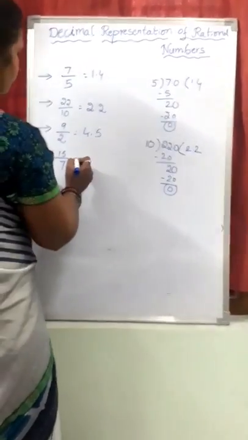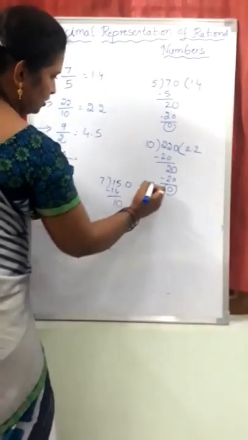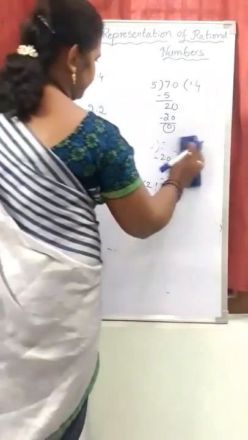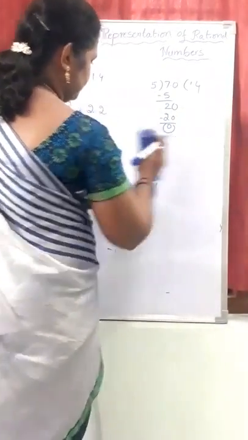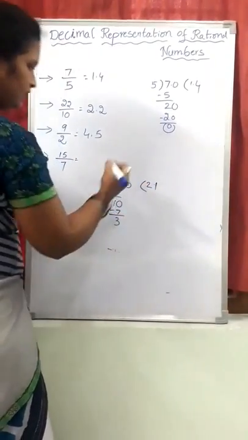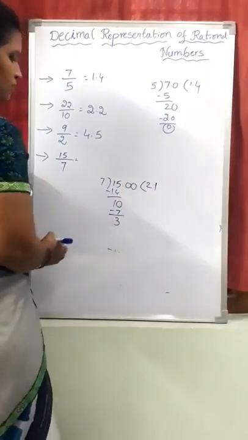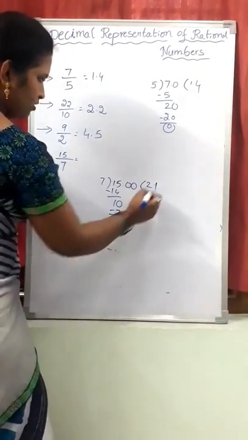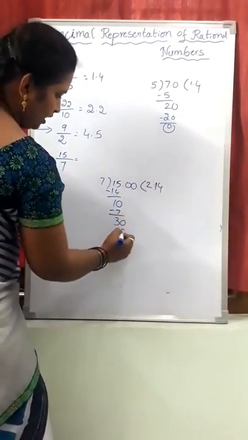Now continue the process. Here 15 is dividing with 7. 14 and 1. 7 ones are 7. The remainder is 3. Now keep one more 0 and bring down. 7 fours are 28.